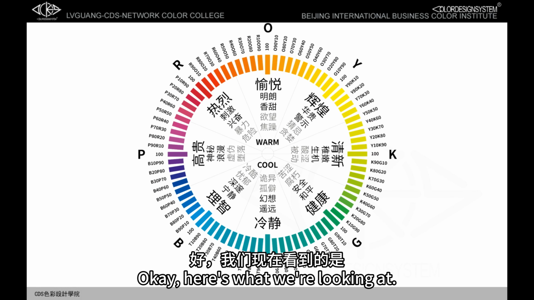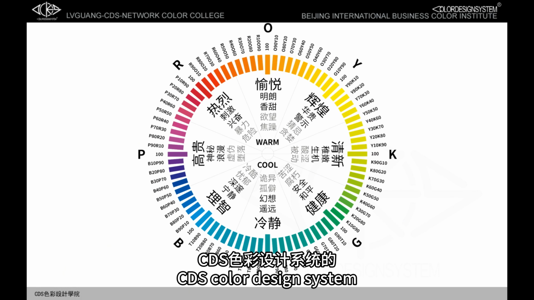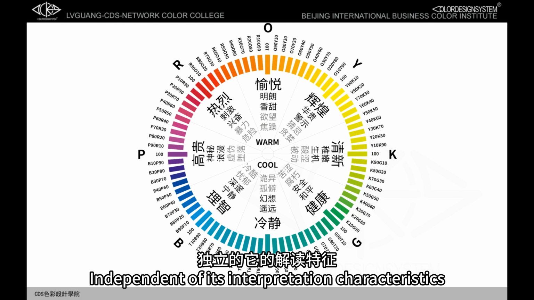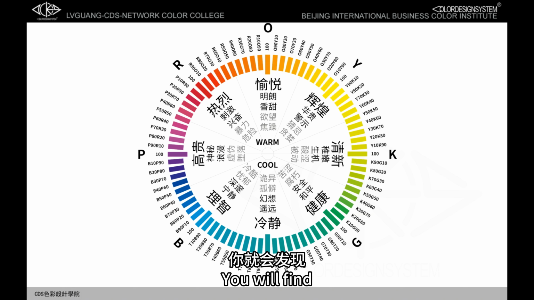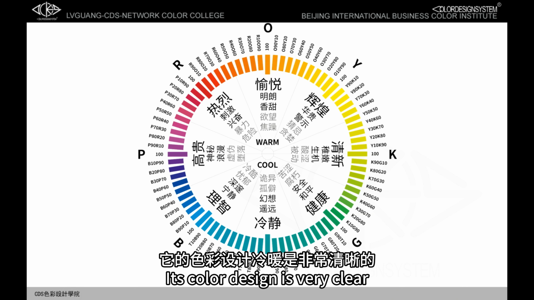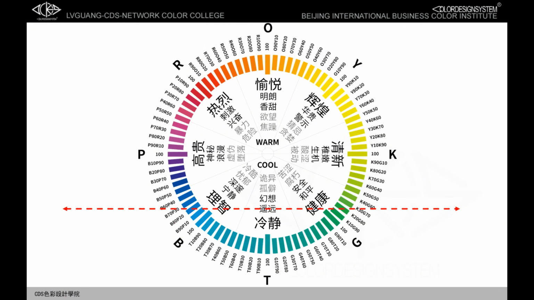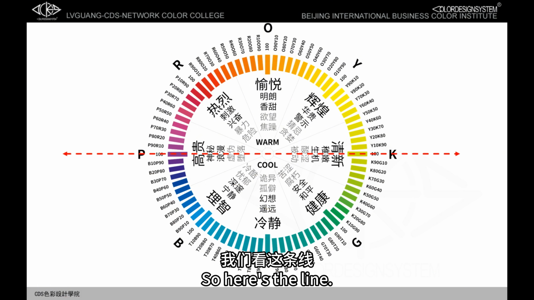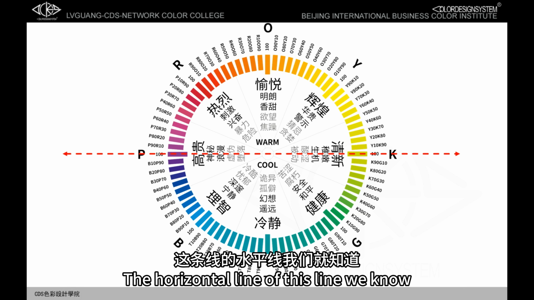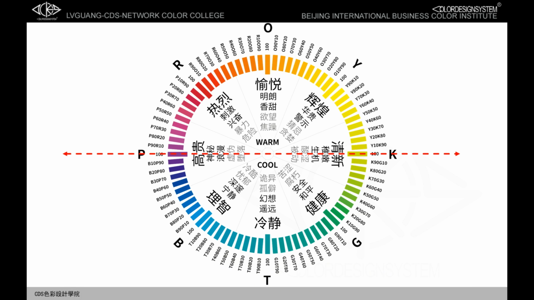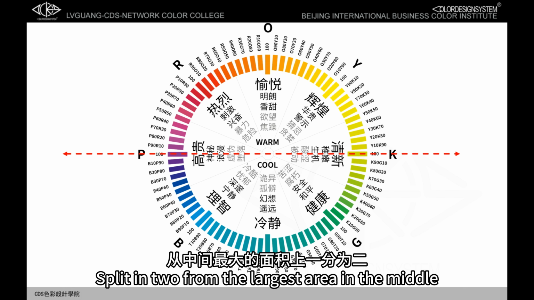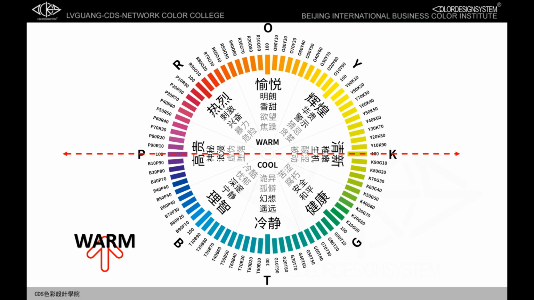Okay, here's what we're looking at. The CDS color design system, independent of its interpretation characteristics, has a very clear color design. So here's the line. The horizontal line splits the hue ring in two from the largest area in the middle.